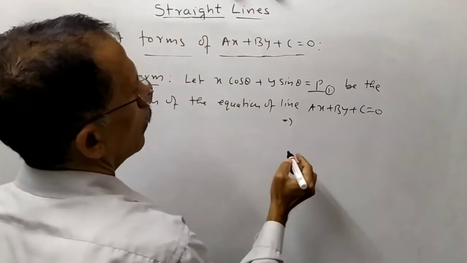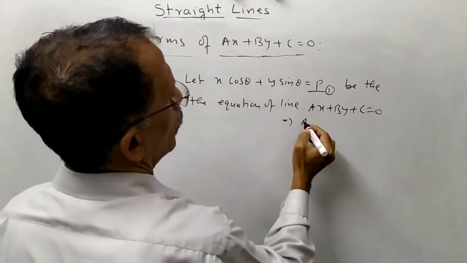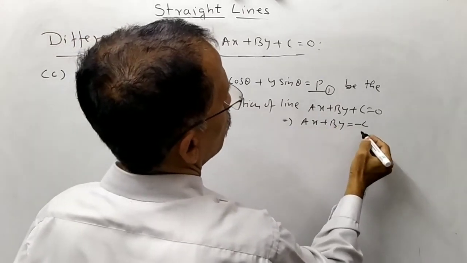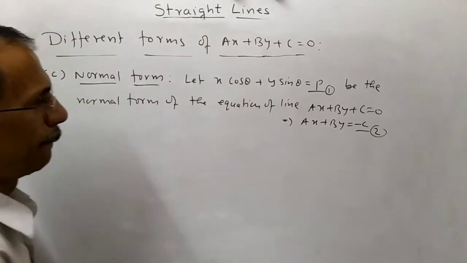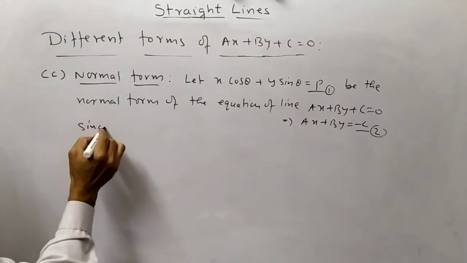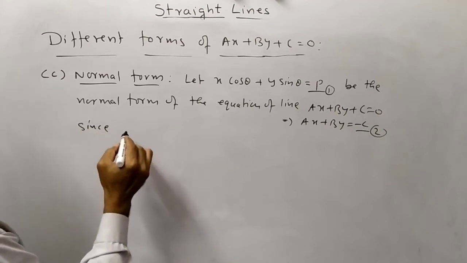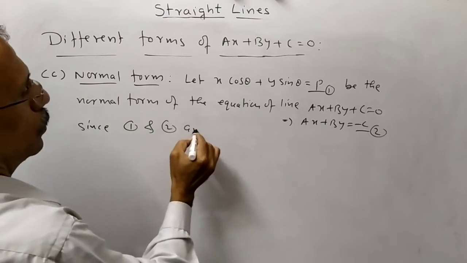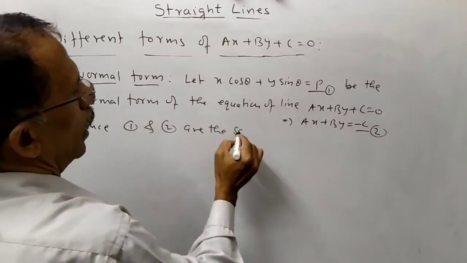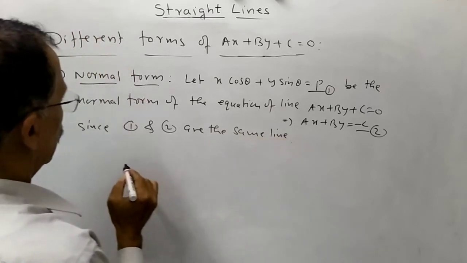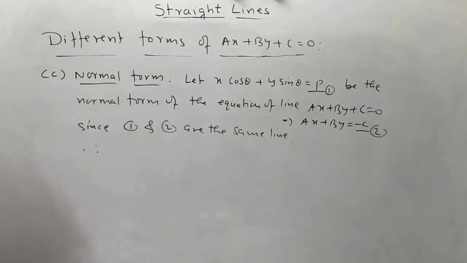This implies ax plus by is equal to minus c, say number 2. Since 1 and 2 are the same lines, therefore coefficients will be proportional.